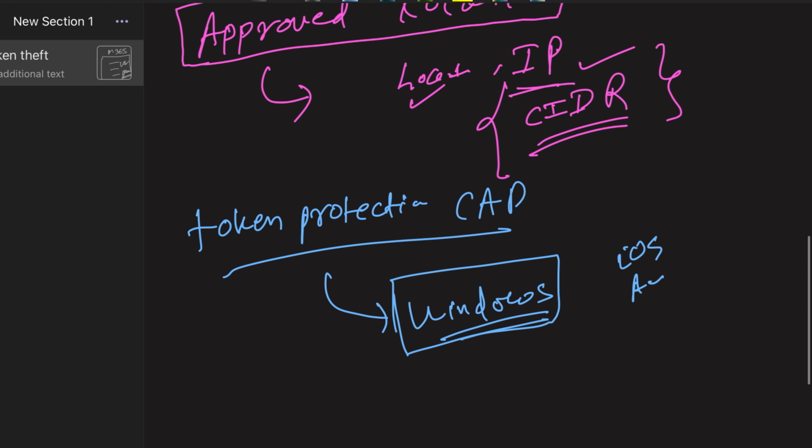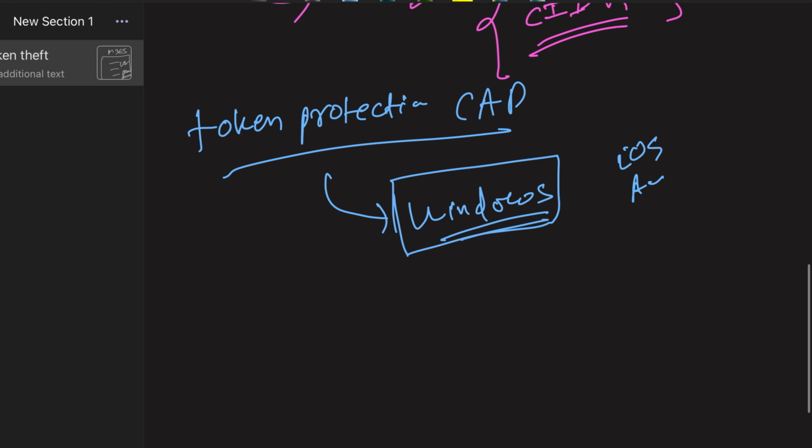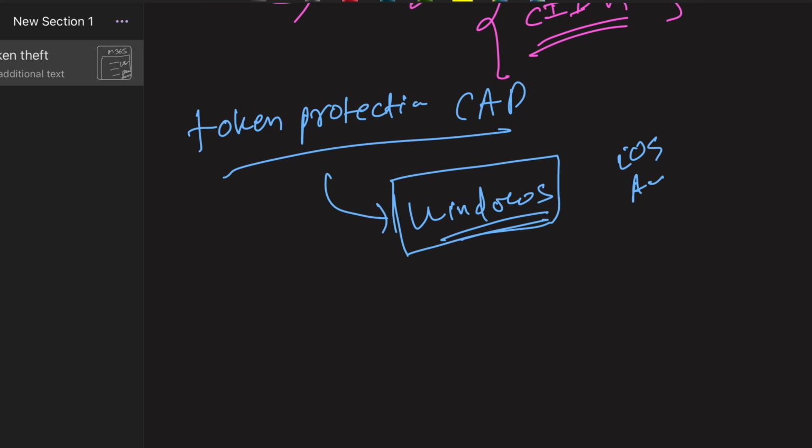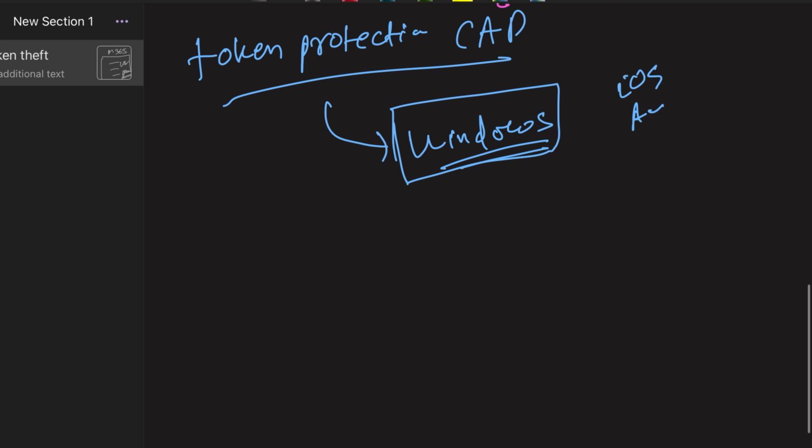So again you have to write a couple more conditional access policies which can be used to protect the token. What are those? You have a conditional access policy called risk based conditional access policy.